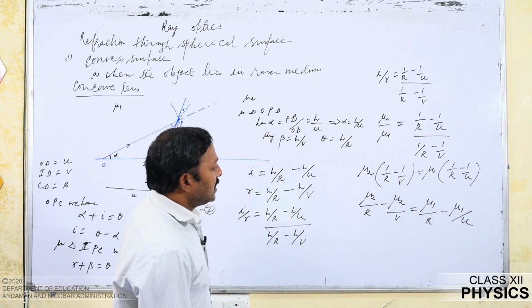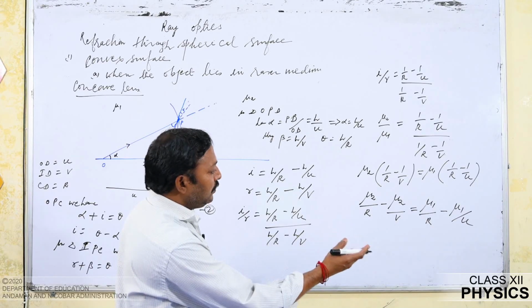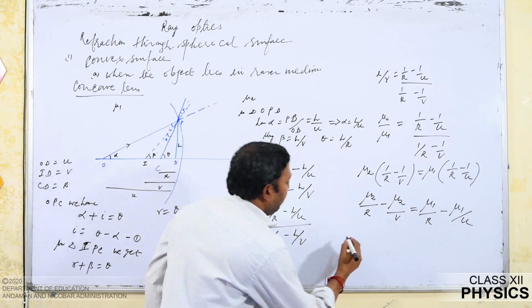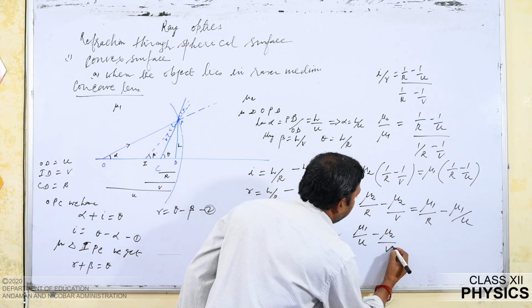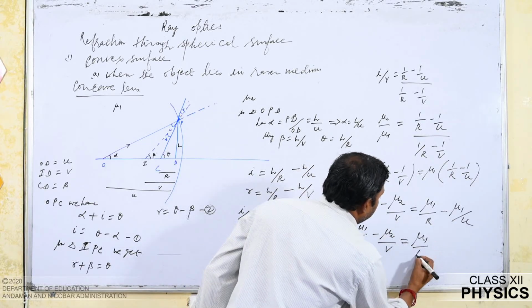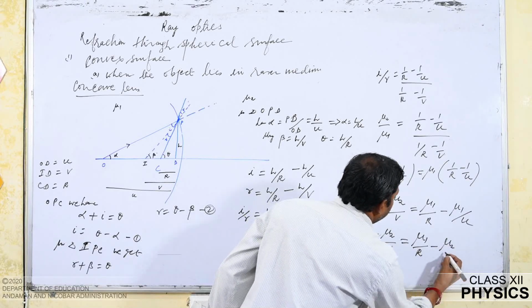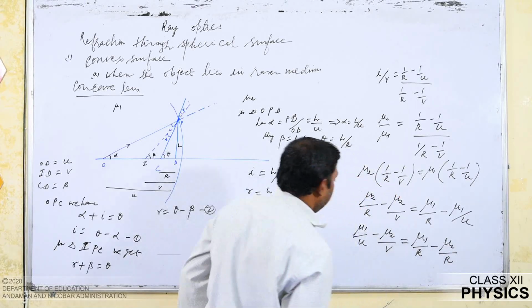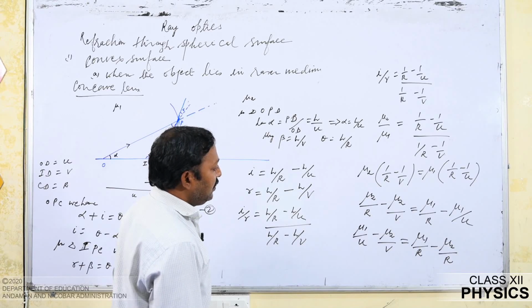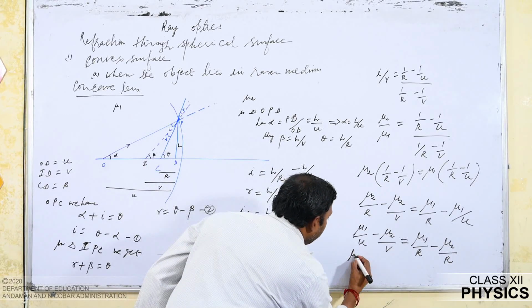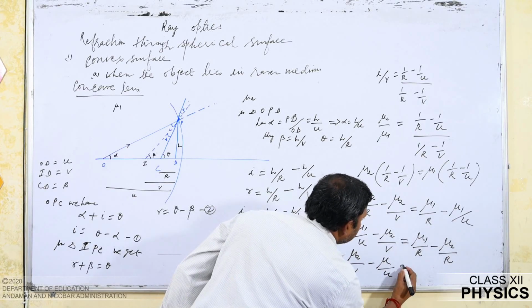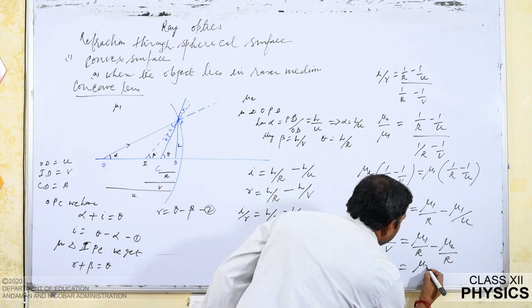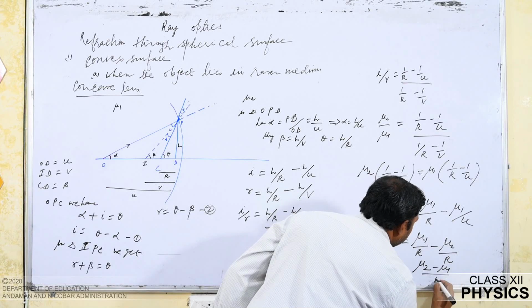Take r terms towards that side and bring mu 1 by u towards left hand side. We get mu 1 by u minus mu 2 by v is equal to mu 1 by r minus mu 2 by r. Now, multiplication with negative sign on both sides gives mu 2 by v minus mu 1 by u is equal to mu 2 minus mu 1 by r.